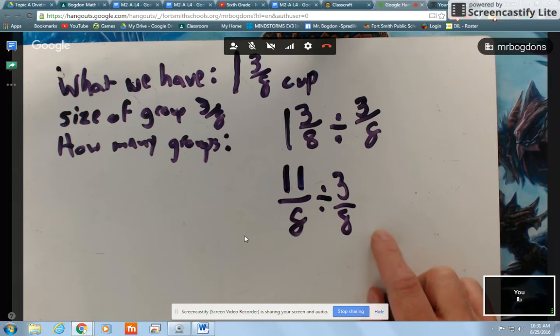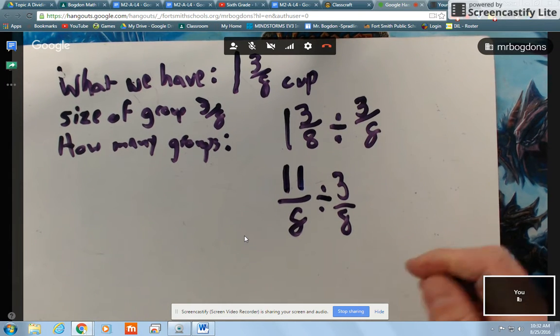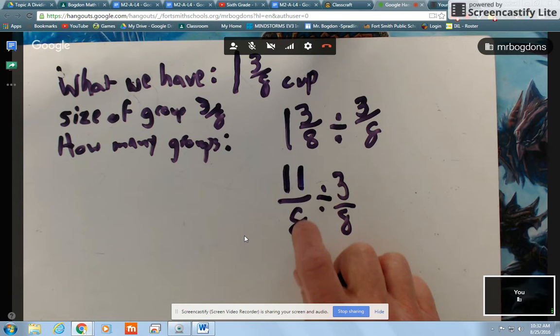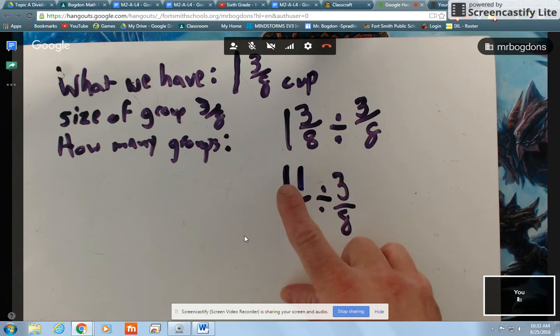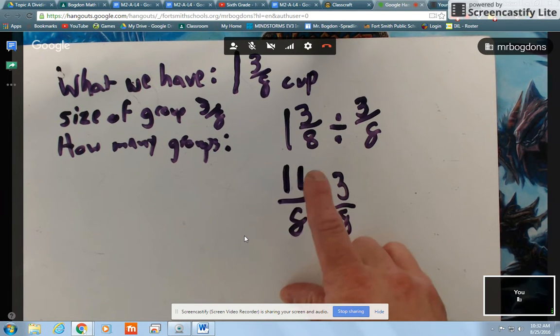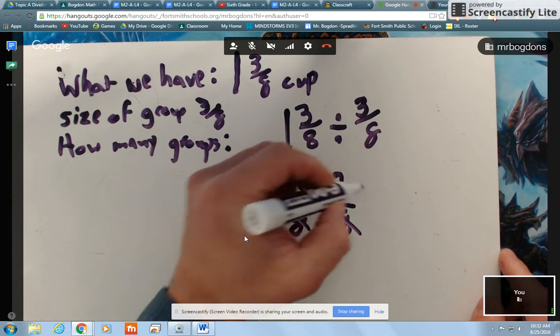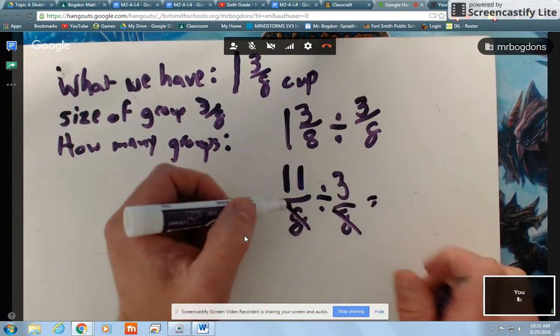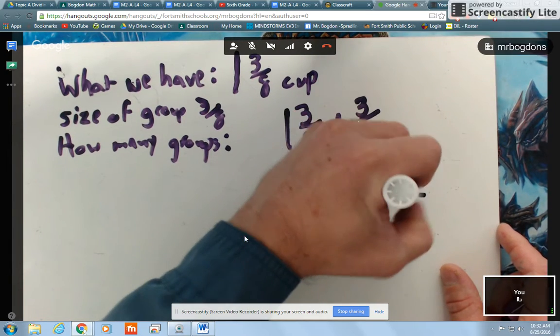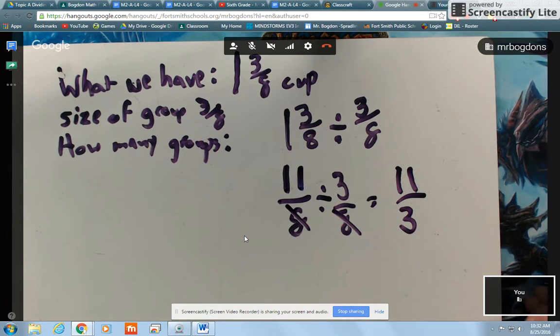So at this point, I could rewrite this as a multiplication sentence, or I could think, wait a minute, what did we talk about yesterday? Every time I have the same denominator, can't I just ignore the denominators and just look at how many groups that I have? Okay, so I can do it that way. This ends up being 11 divided by 3, or 11 thirds.